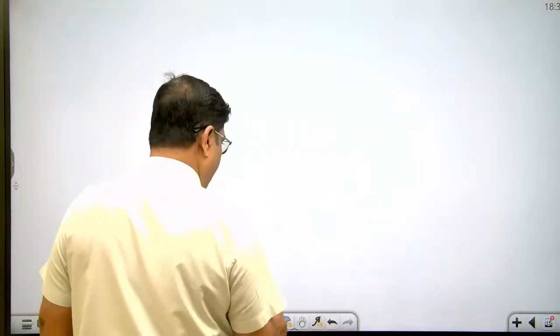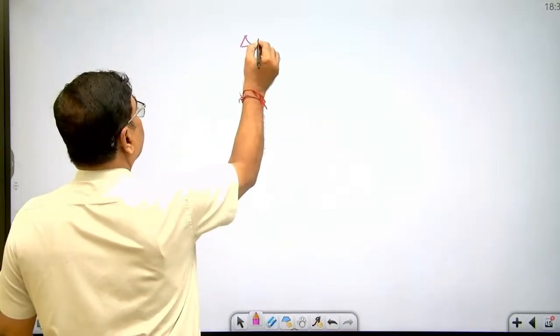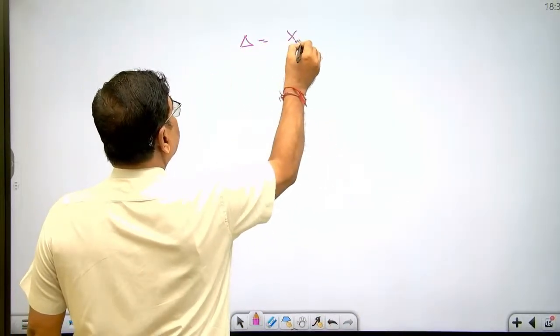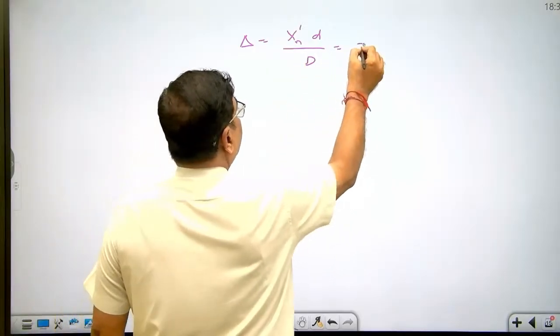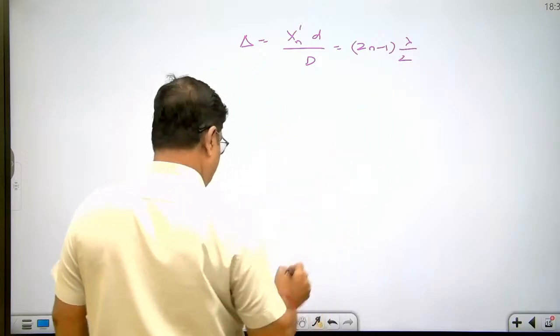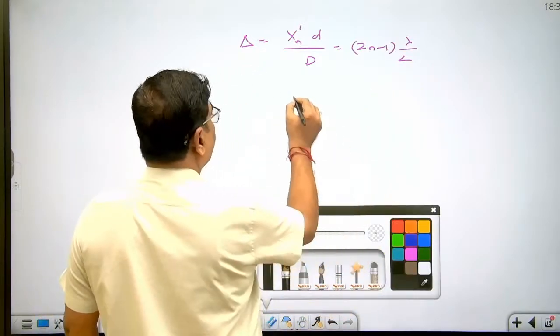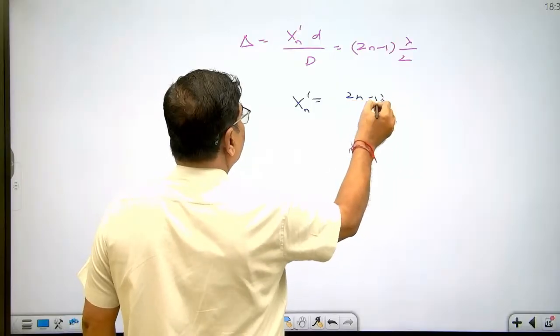So dear student, we can write here only geometrical path difference is existing. So we can write xn dash d upon D equal to (2n minus 1) lambda by 2. So this equation gives the position of nth order dark fringe from central fringe. In numerical problems, this will be very useful.